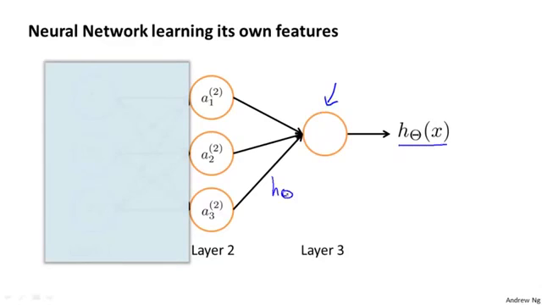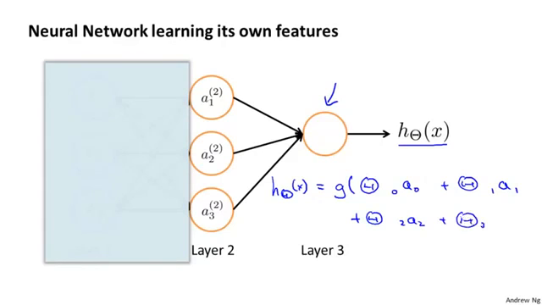Concretely, what the hypothesis is outputting is h of x equals g, my sigmoid activation function, of theta 0 times a0, which is equal to 1, plus theta 1 times a1, plus theta 2 times a2 plus theta 3 times a3, where the values a1, a2, a3 are those given by these three hidden units.